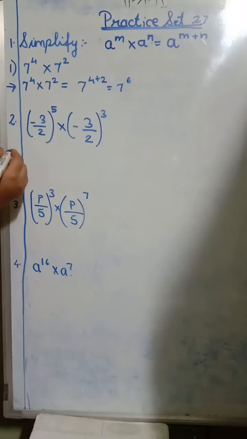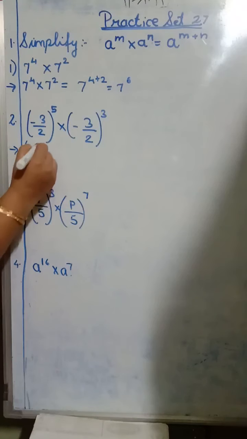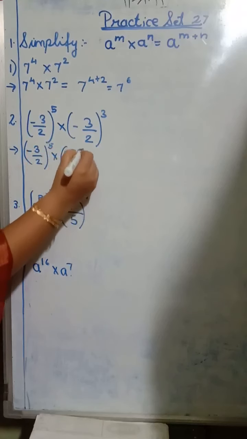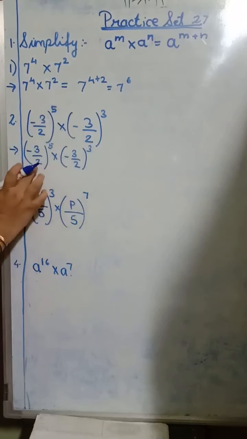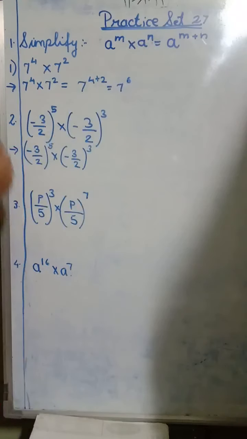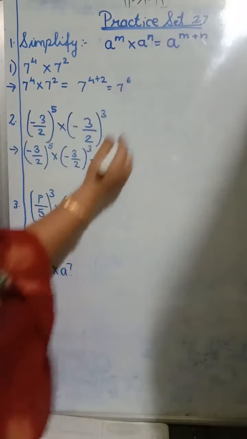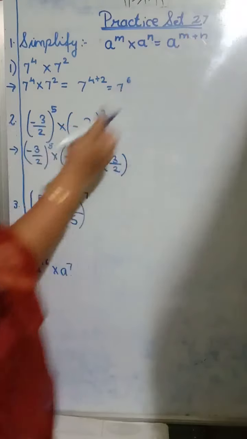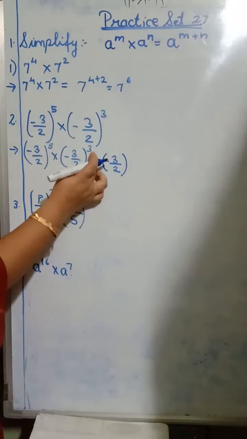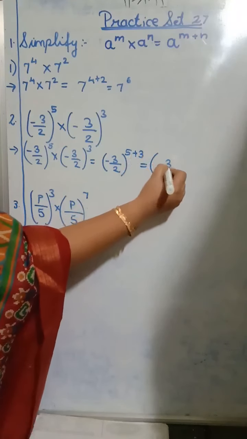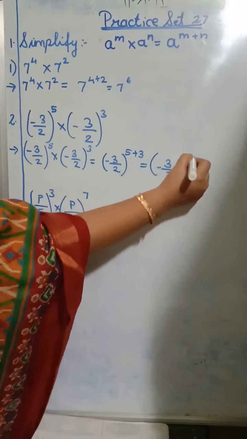Now the next sum, that is negative 3 upon 2 raised to 5 into negative 3 upon 2 raised to 3. Is this the same a, m, n formula we are going to substitute? Yes. So we'll write the base, that is negative 3 upon 2 raised to m plus n. What is m? 5. n is 3. So 5 plus 3, that is equal to negative 3 upon 2 raised to 8.